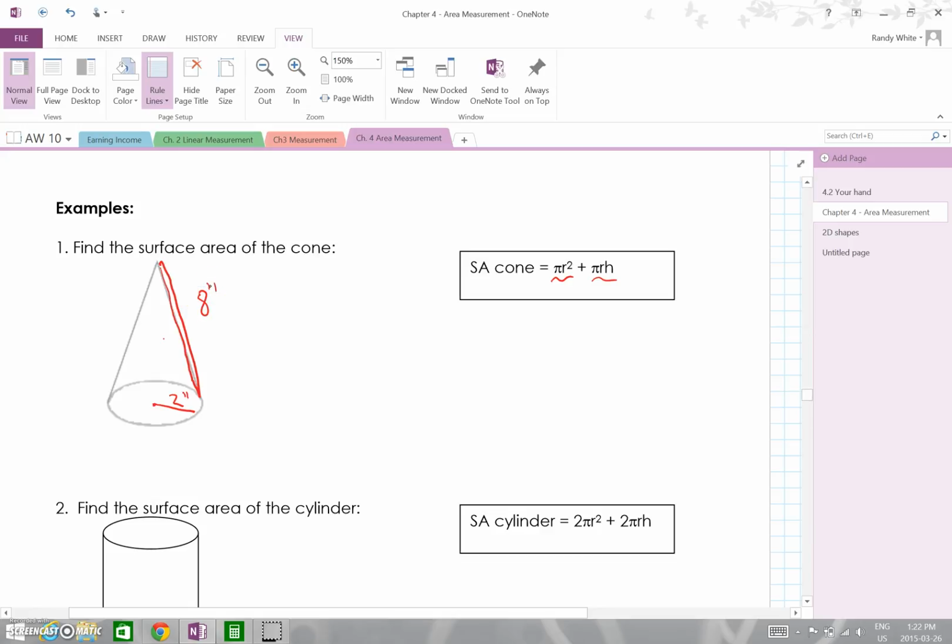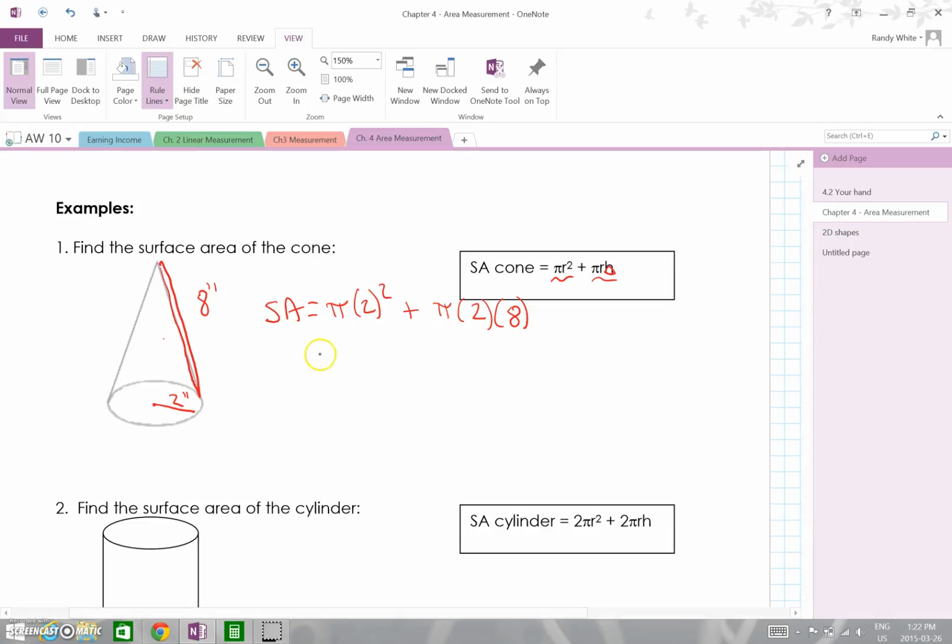So to find the area of that, what we want to do is take pi times my radius squared plus pi times the radius times the slant height. I don't know what I was thinking before. Okay, this should be S, not H. S for slant.